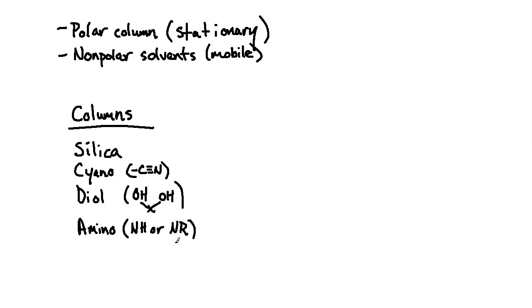All right, so then let's talk about solvents. So for normal HPLC, the solvents are primarily nonpolar, as we've discussed a moment ago. So the most common, certainly that I've come across, is usually hexane. Now there's a couple others that you could potentially use.